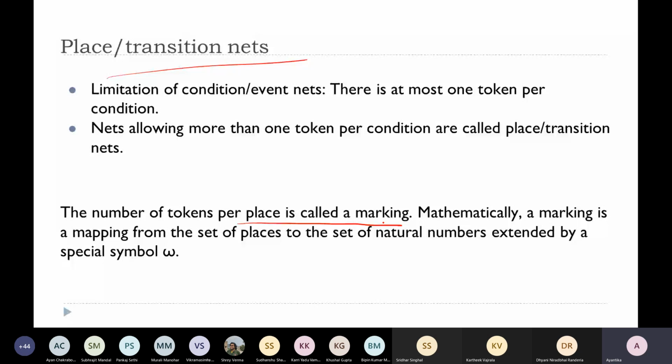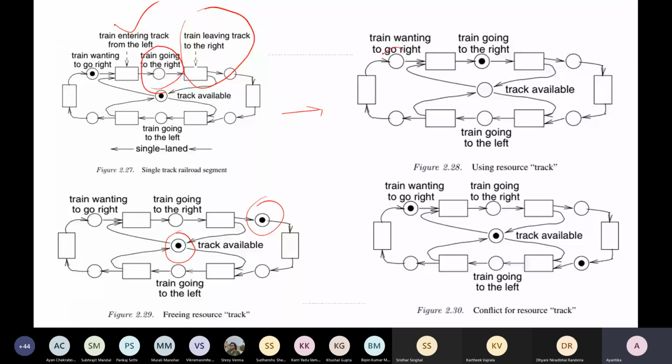When we were considering this part, this is the state. There we have seen that this is a single token holder, right? That means at this time the system can be in a single state.